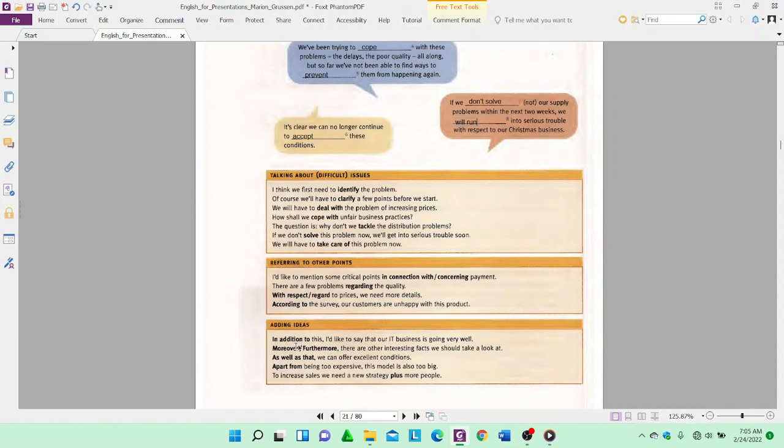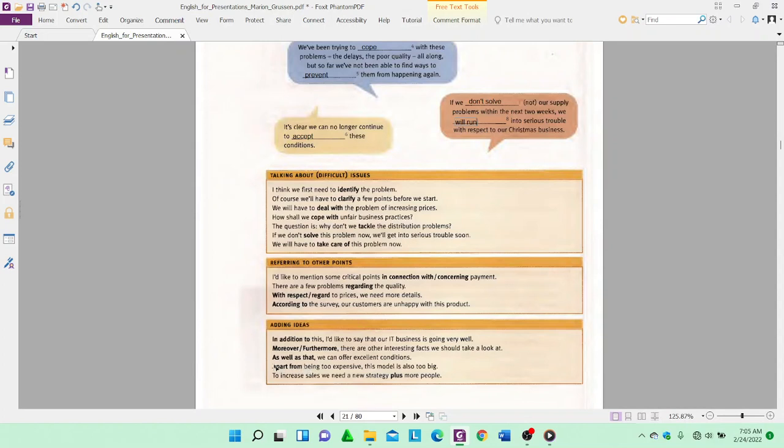Atau in addition ini bisa diganti dengan moreover atau furthermore. Ya, pakai as well as that bisa juga. Atau apart from. Kalau apart from dia disebutkan yang sebelumnya. Kalau ini kan enggak, ya kan? Nah, misal gini. Apart from being too expensive, this model is also too big. Ya.